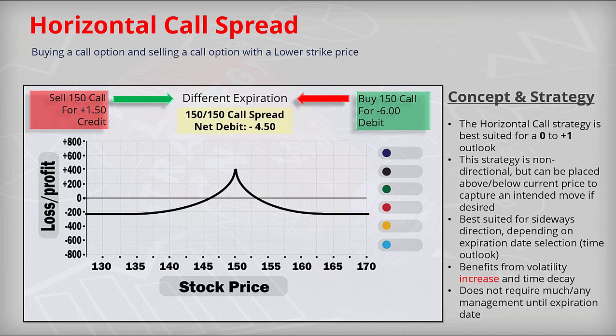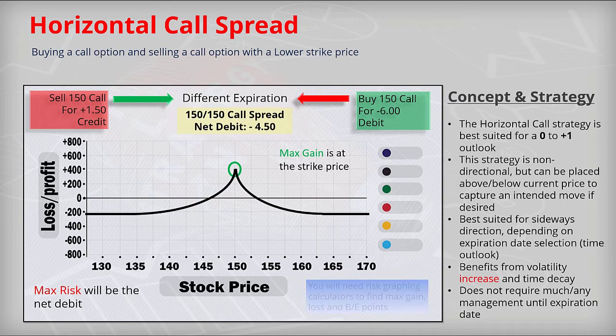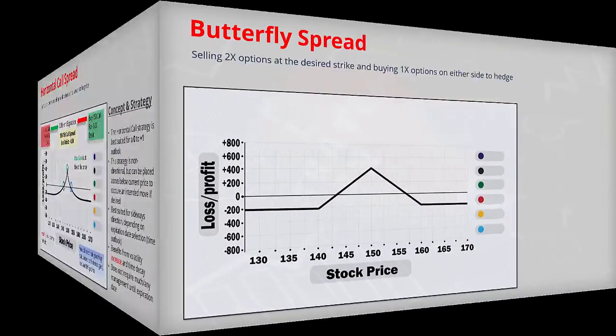To me, that looks like an old school tent they put up that sags on the sides a little bit. So you have this tent area that is your profit window, and then you have these tails that go out. So again, if you don't know the horizontal call spread, also called the calendar spread, there's a whole session that you missed. Go watch that video.